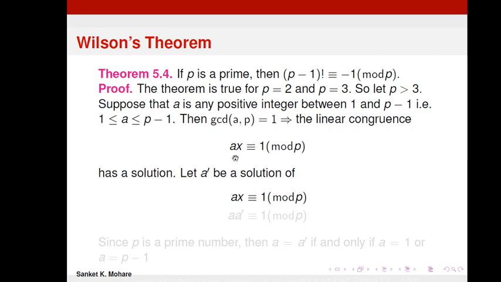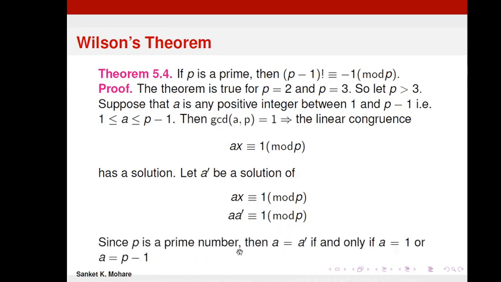Now let a dash be a solution of this congruence ax congruent to 1 modulo p. So substitute x equals a dash, then we obtain a times a dash congruent to 1 modulo p.